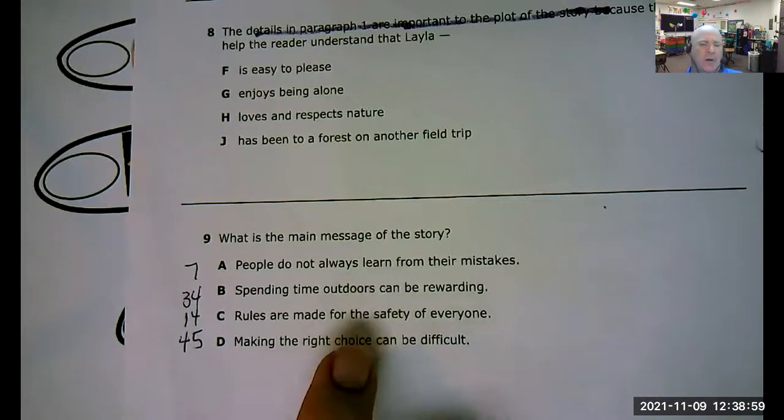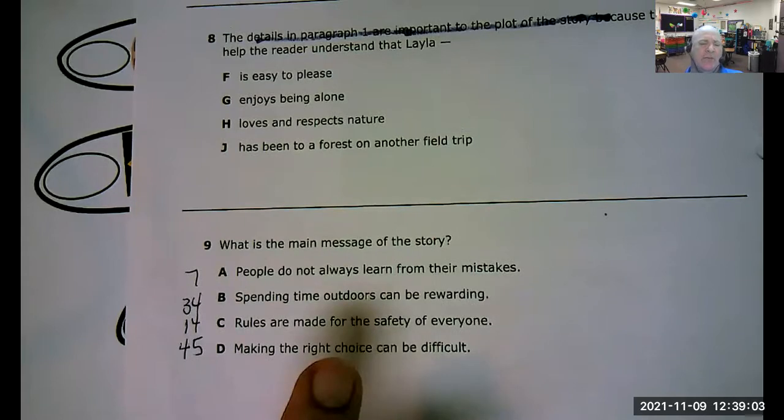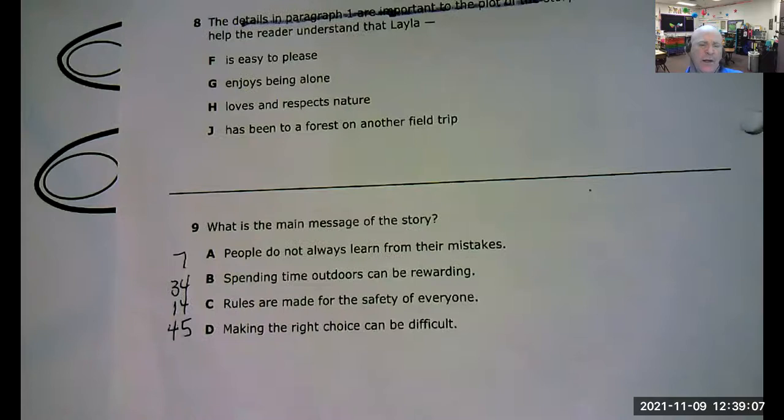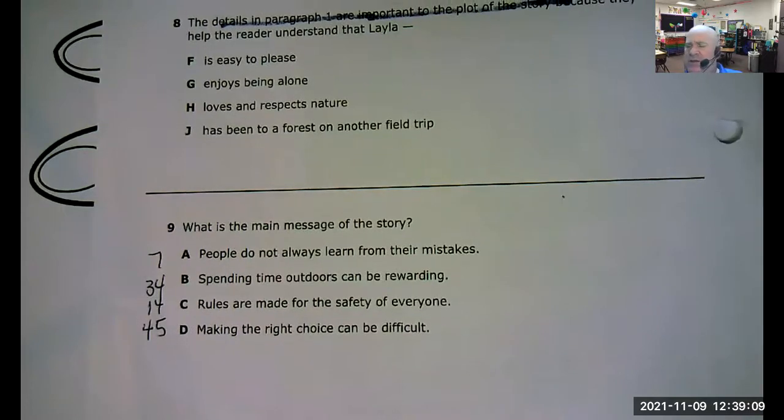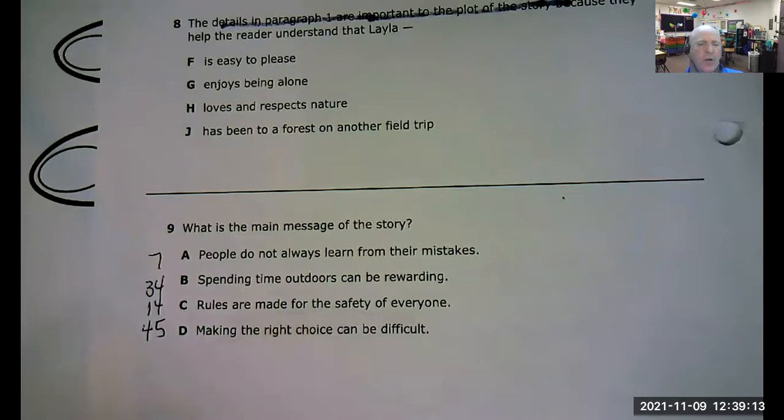Well, that could work, but it was more about character. It was about morals and it was about honesty. And so, what I would suggest you do is have your kids think, what are some other situations where you have to come up with something that makes you have the message that making the right choice can be difficult, and not always do we make the right choice.